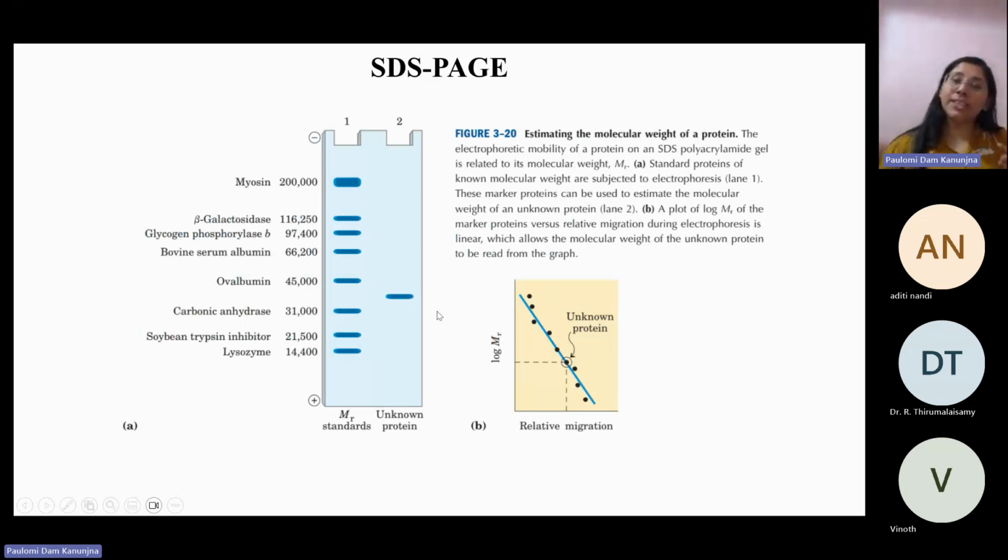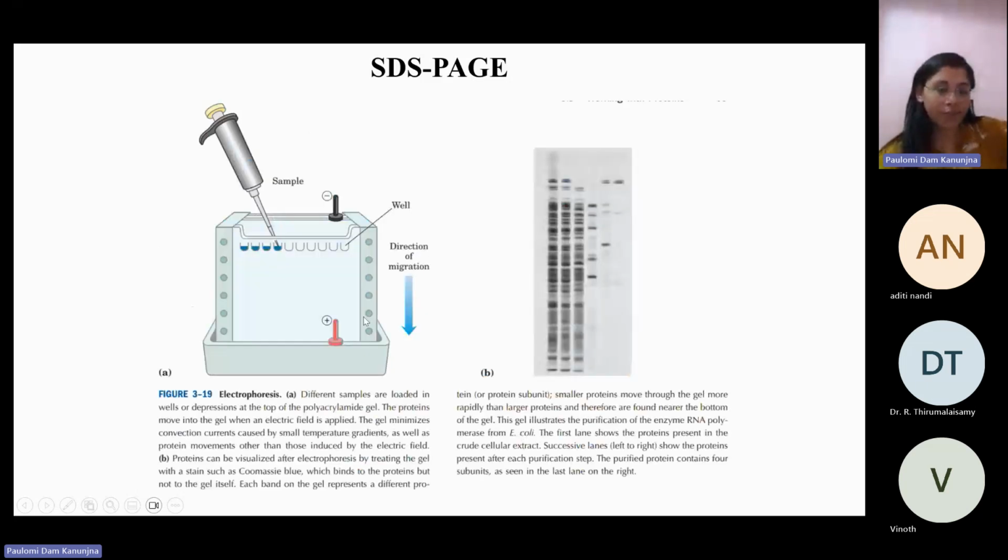But there is a defined, good way of determining the molecular weight. You can do that by taking the log of the molecular weights from the marker and the migration on the gel. The migration can be determined by the length of the gel. So you know the length of the gel. Let's say it's 80 centimeter. You see a set of markers here.